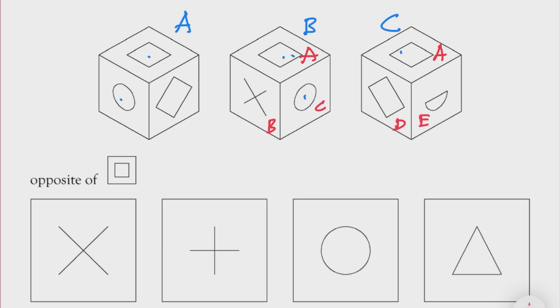The answer is something which is not there. So what's not there? Cross is your figure B, circle is your figure C, and triangle is not there. Also, plus is also not there. So therefore, in this case, we will get 2 correct answers.